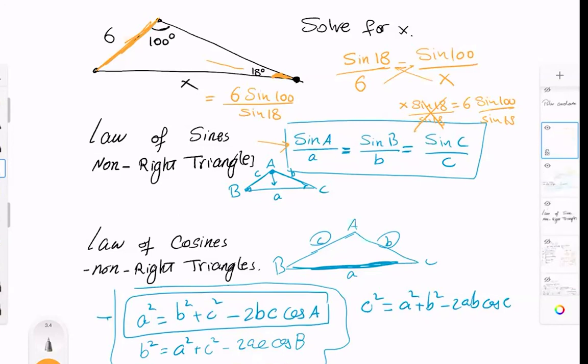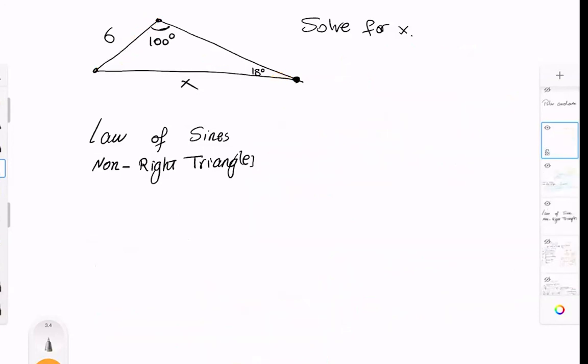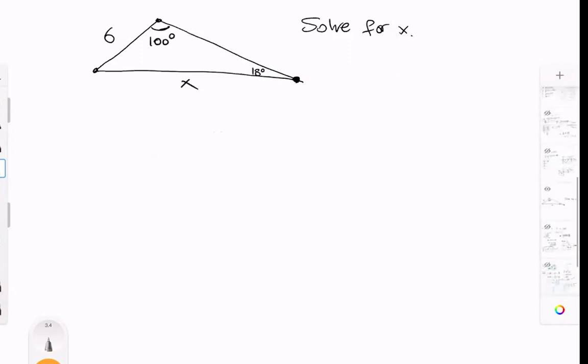Let's have another example. Any question? The triangle has sides x, 3, 5 and an angle of 21.